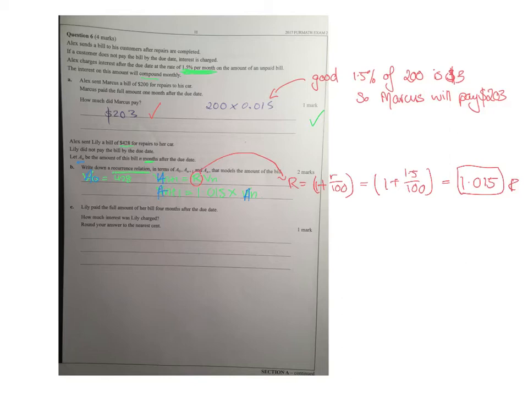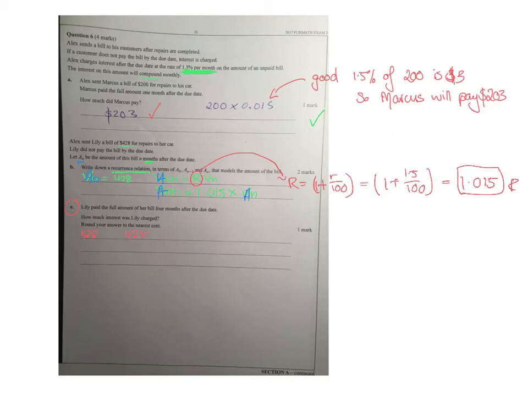All right, so then the next part of the question here: Lily paid the full amount of her bill 4 months after the due date. How much interest was Lily charged, rounded to the nearest cent? If you want, you could just use your calculator. Press 428 and enter, and you get 428.